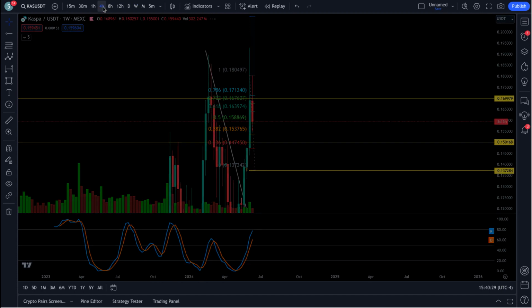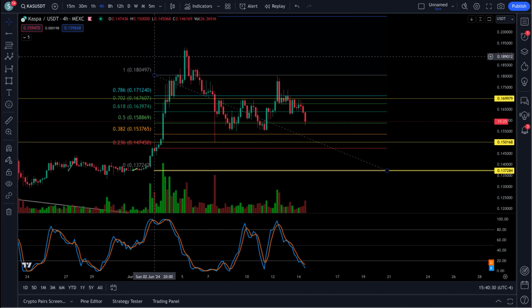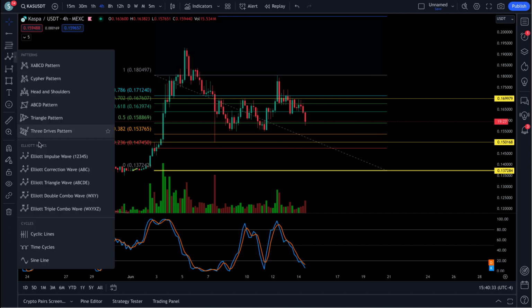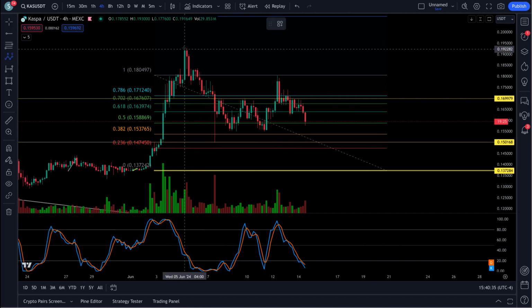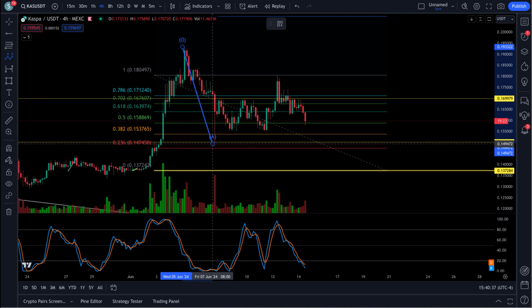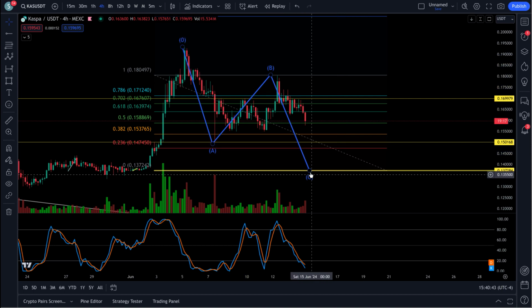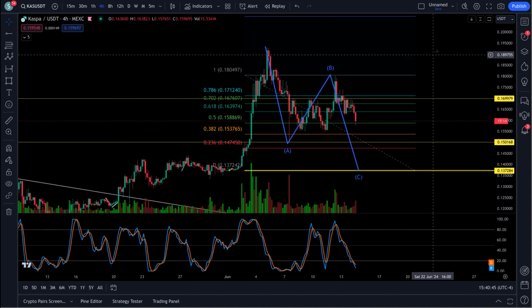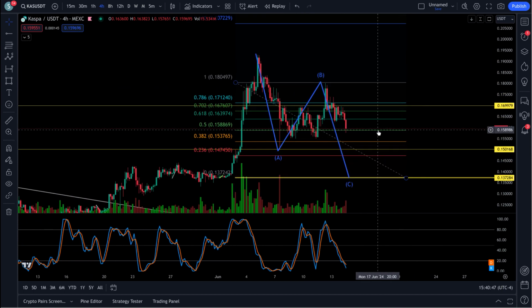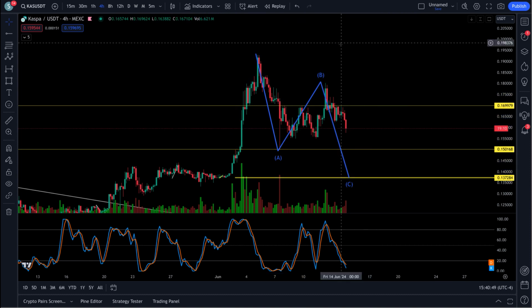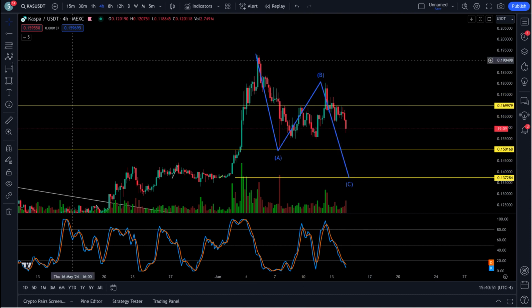So this would turn out being right here, same type of thing: A, B, C. And then this will start the 5 waves back up after this is done. This would have been your wave 5 top.